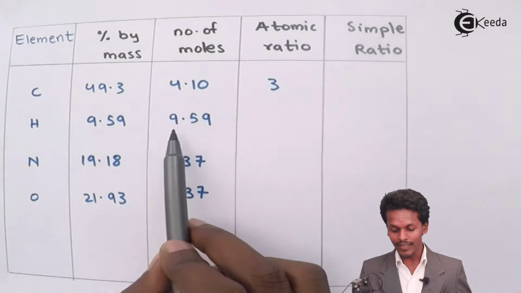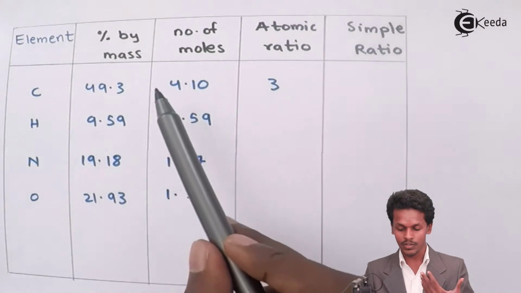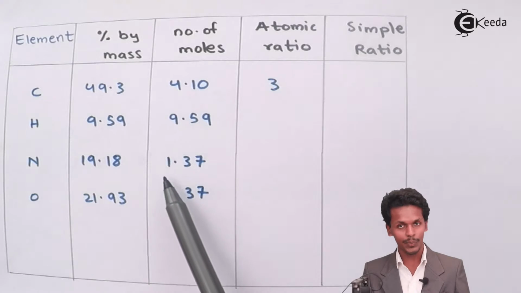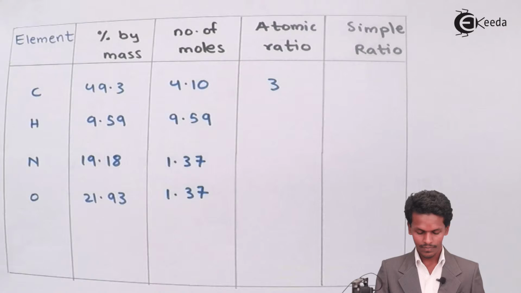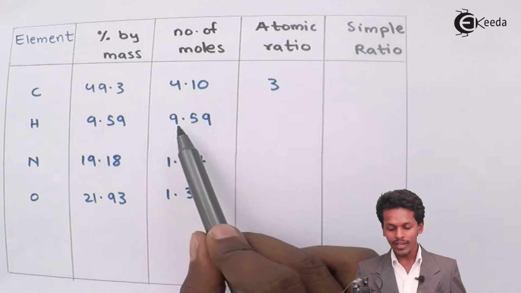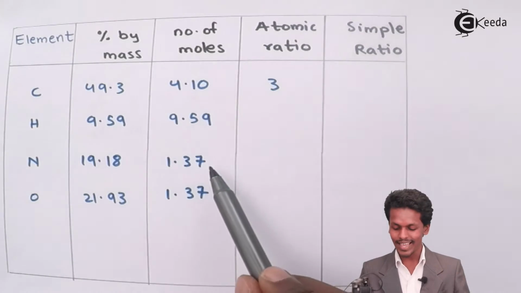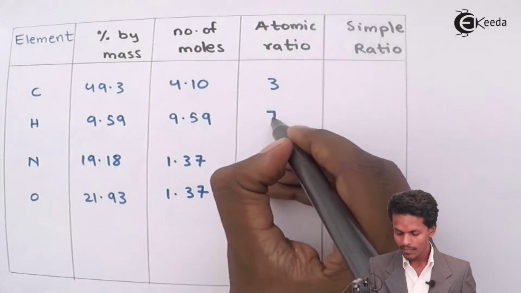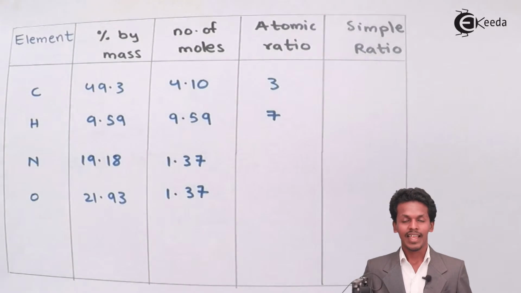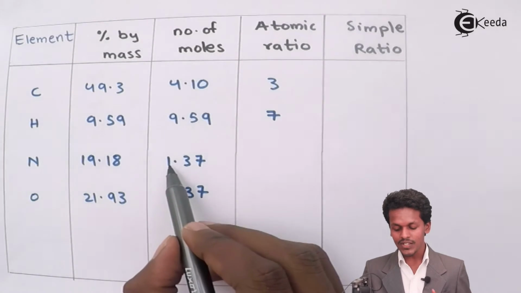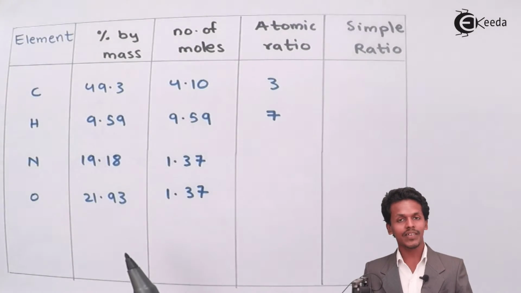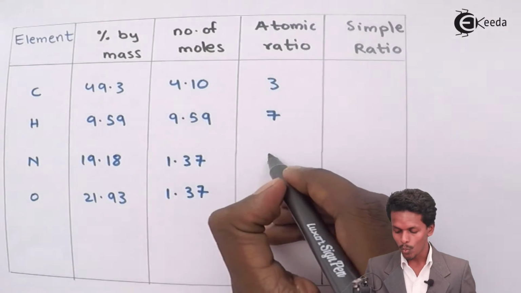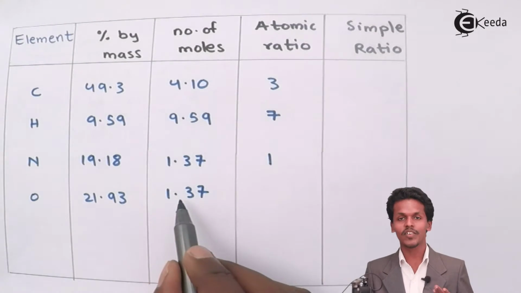And now I will divide 9.59 by the smallest number of moles, again 1.37. If I divide 9.59 by 1.37, the answer that I get is 7. And now the next one, if I divide 1.37 by the lowest number, which is 1.37 itself, 1.37 divided by 1.37 is 1, and in this case also 1.37 divided by 1.37 will be 1.